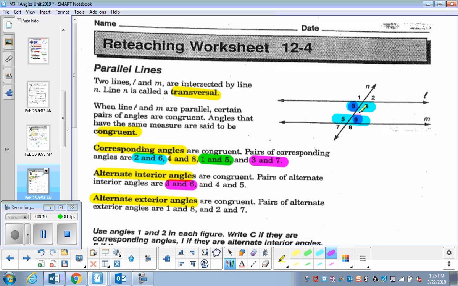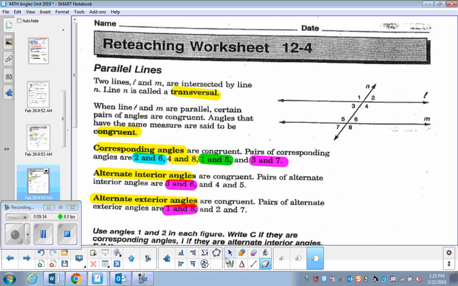And 4 is alternate interior with 5. All right, now for the exterior angles, we've got 7 and 8 on the outside, and 1 and 2 are on the outside. So 1 is on the alternate side of the transversal with 8. So 1 and 8 are alternating around the transversal on the outside, so they're alternate exterior.